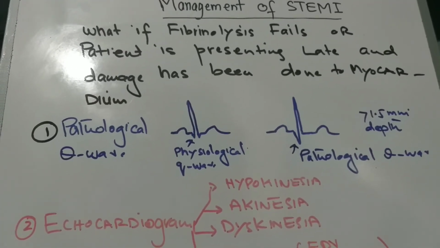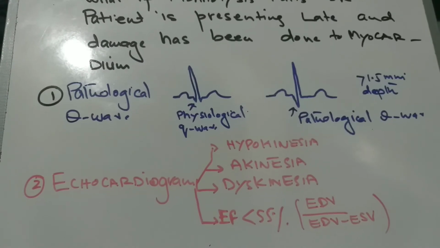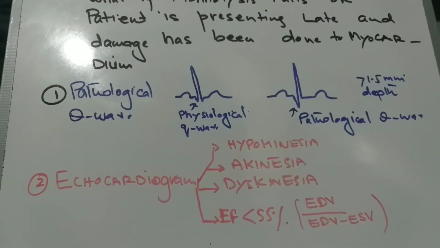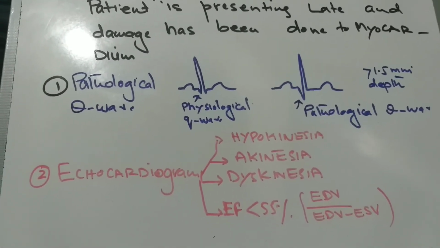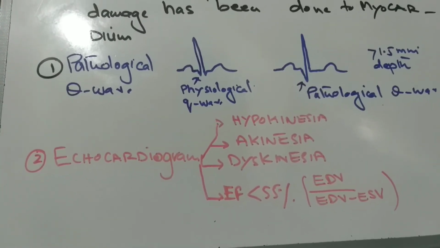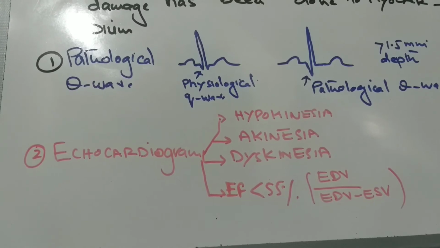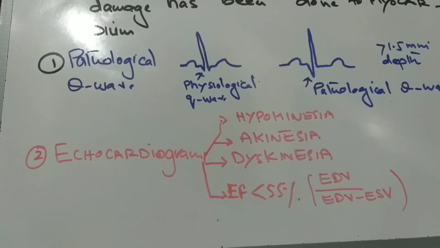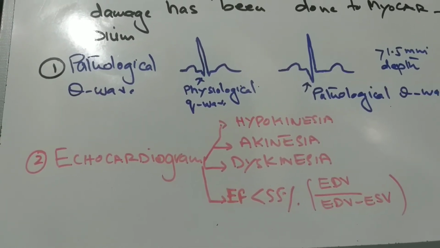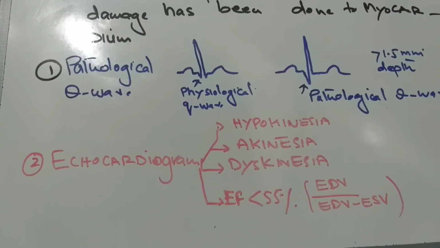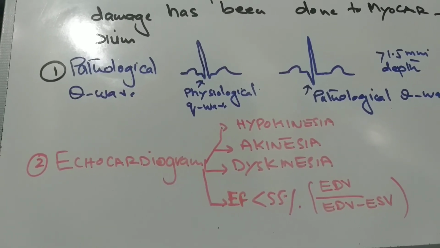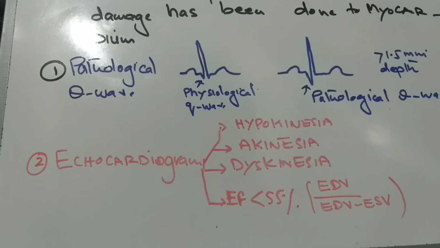Other than ECG, there is another way of diagnosing the damage to the myocardium, and that is through the echocardiogram. Echocardiogram is the ultrasound of the heart, and you see the walls whose coronary arteries had the thrombus. They would be either hypokinetic, meaning they will be moving, but the movement will be less than normal.